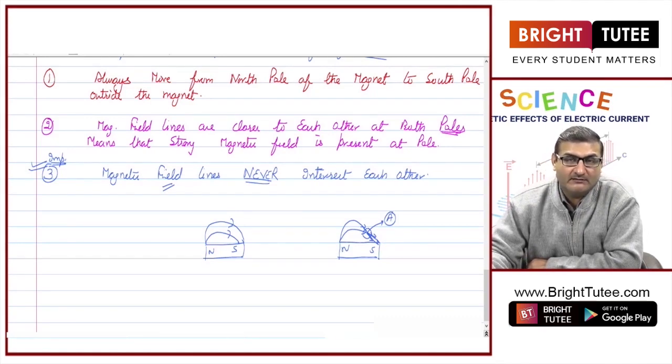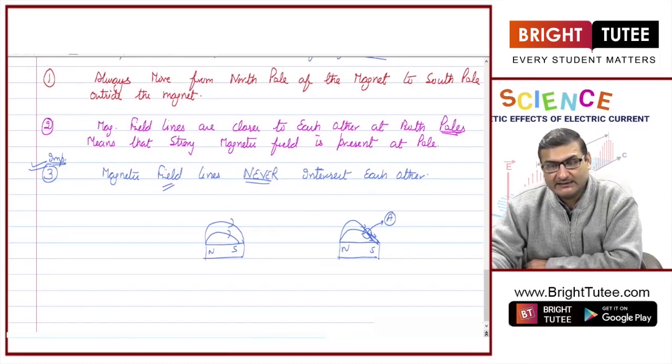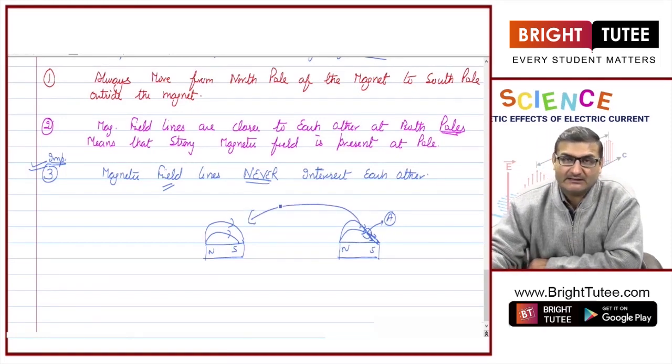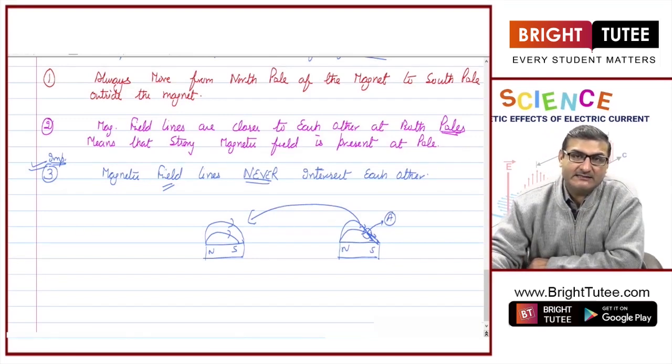The pointer of a magnetic compass cannot simultaneously point towards two directions, right? So that is why this particular thing cannot happen. Therefore, magnetic field lines never intersect each other.